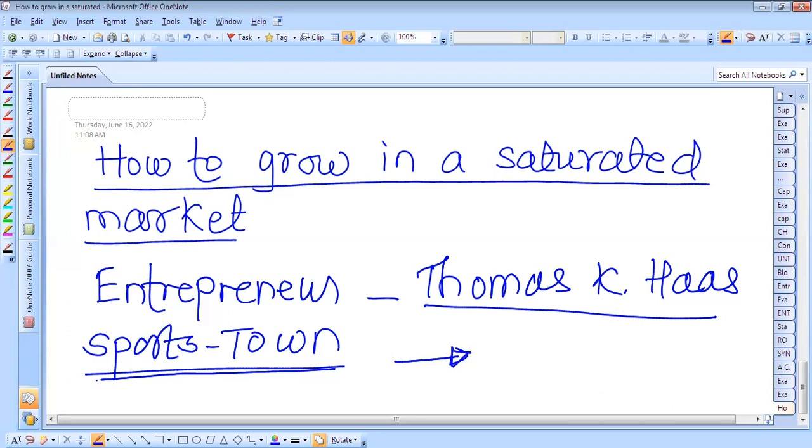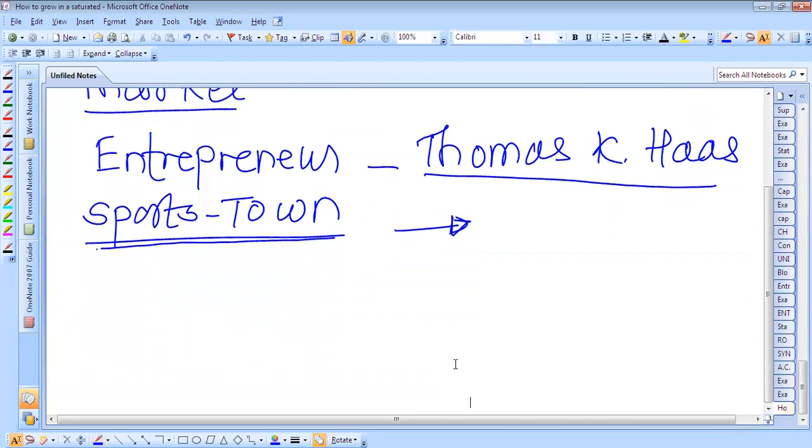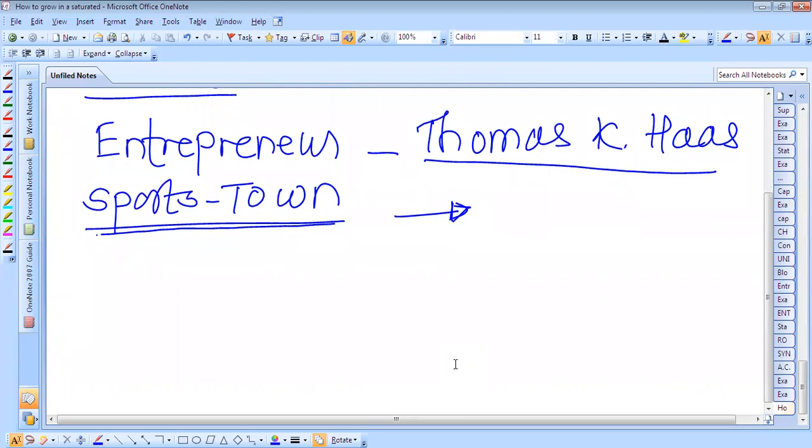But what happens when there is a saturation in the market? How Sports Town can compete in a saturated industry dominated by several huge corporations is a mystery to some, but this mystery is not to Haas.